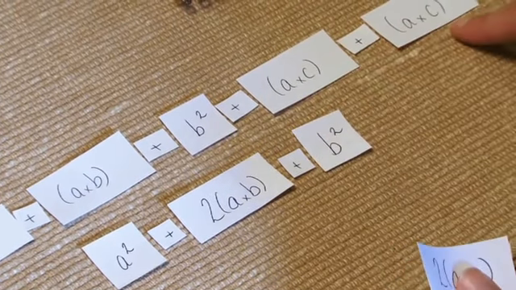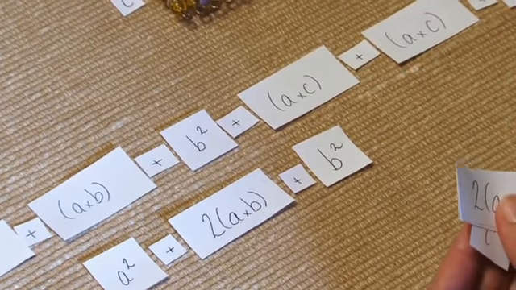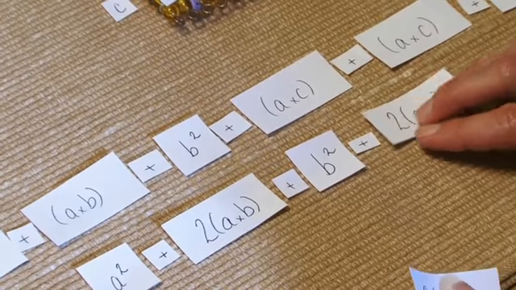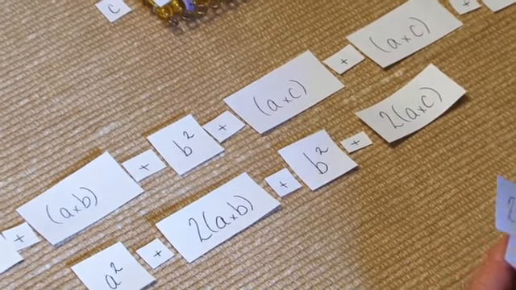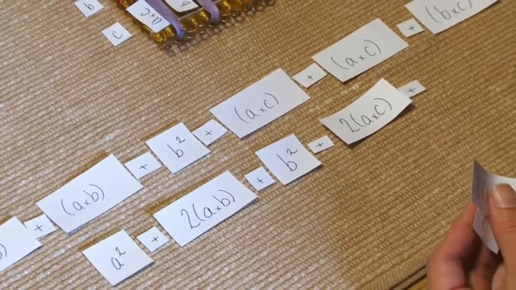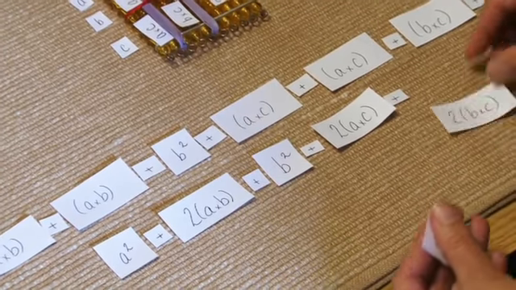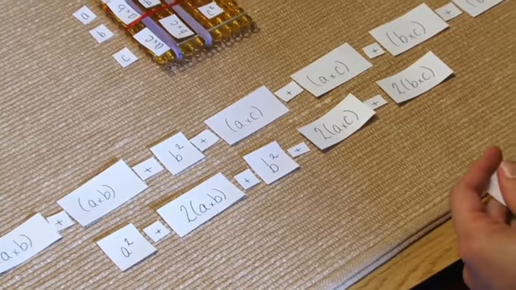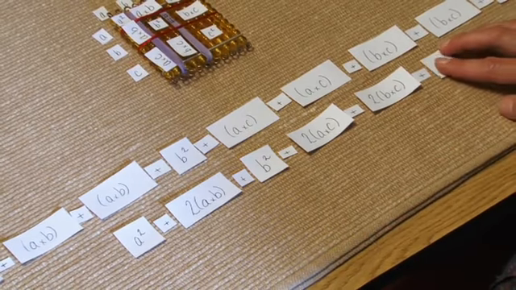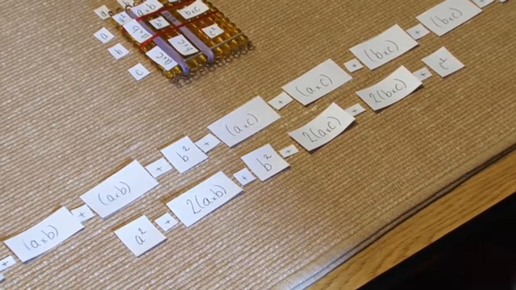And again, we have 2 of the same with A times C. We could combine that. 2 times A times C. Then we have B times C 2 times. And then last, we have our C squared. And this would be the algebraic expression of a trinomial.